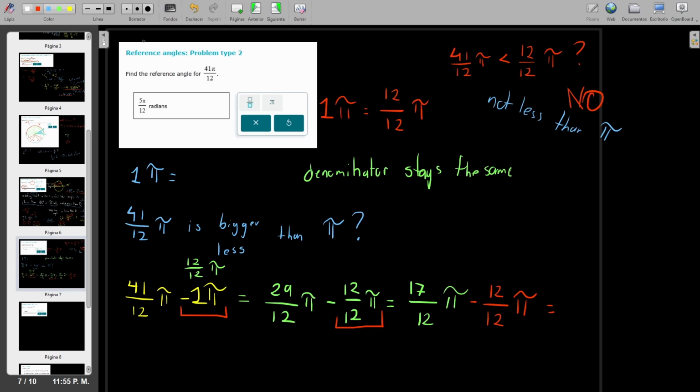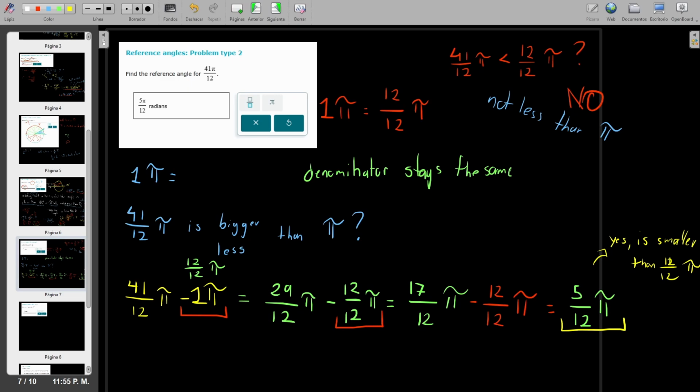How many is this? 17 minus 12 is 5, right? And the denominator stays the same. We compare: is this part less than 12 over 12 pi? Yes, it is smaller than 12 over 12 pi.